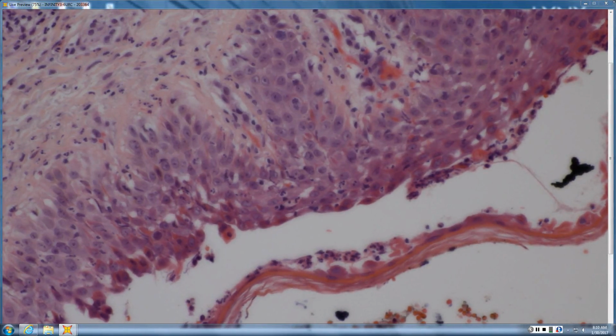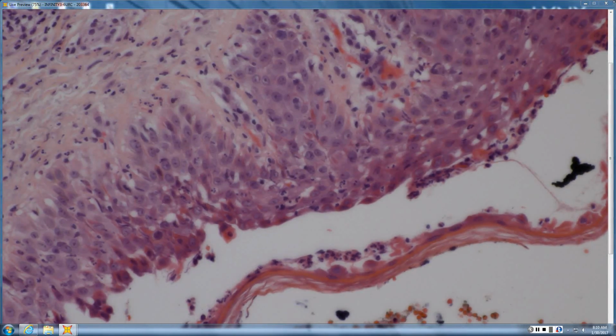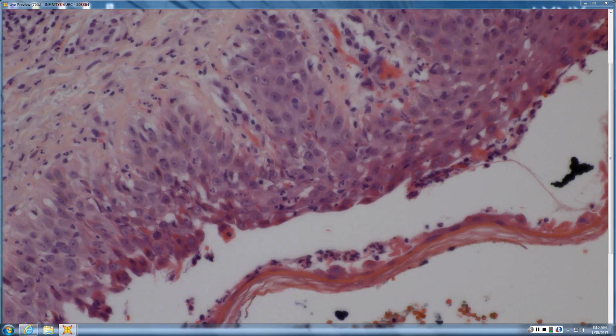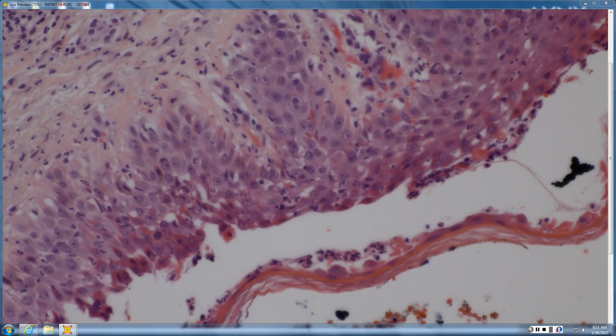So I guess the suppurative folliculitis. No, never mind. Well, if there were a deep suppurative folliculitis, you could get the toxin-mediated acantholysis near it. So I guess this could also be some sort of drug reaction. So a pustular drug reaction could do it.